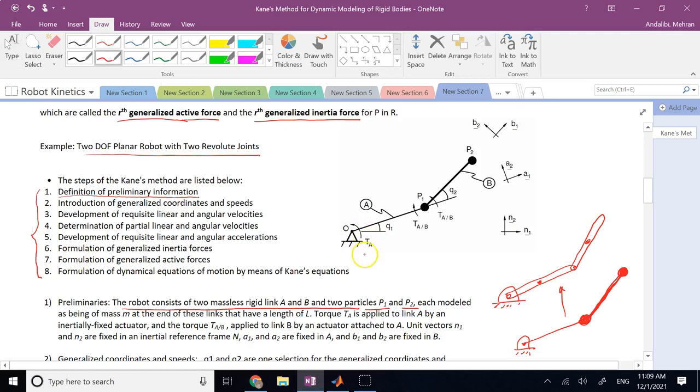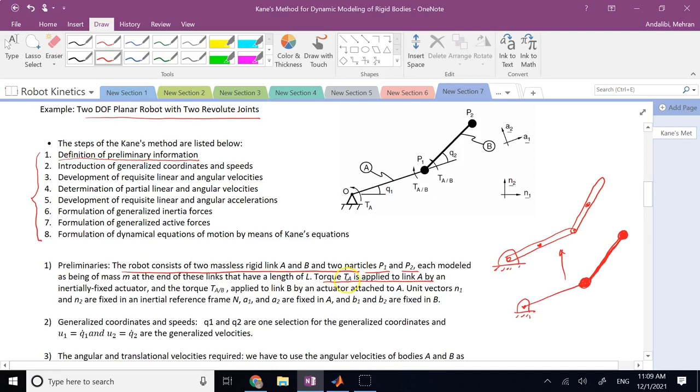The torque TA is applied to link A, and it is measured from the inertial frame, or it is applied by an inertially fixed actuator. So the motor that you have here, to apply the torque TA, the bottom of that motor is attached to the ground.